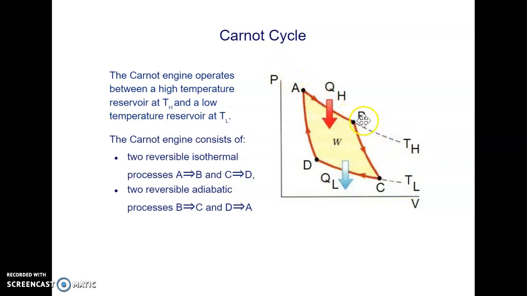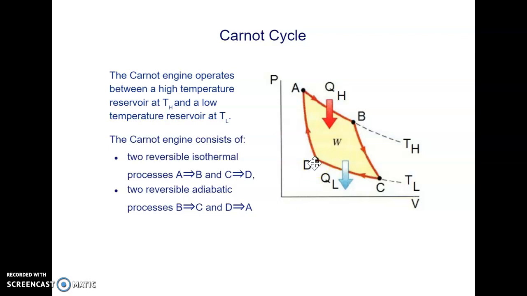During that process, you have the heat transferring to our engine. Then you have an adiabatic process, so you have a change in temperature. And we get to process C here, in which you have another isothermal process. So now our engine is decreasing in volume, where the temperature is kept constant.